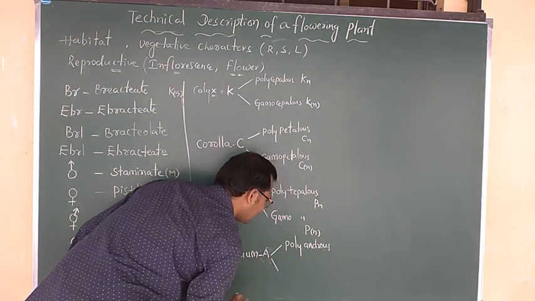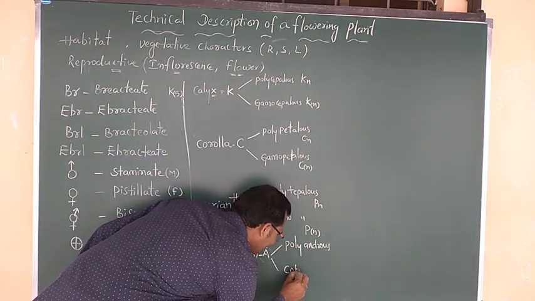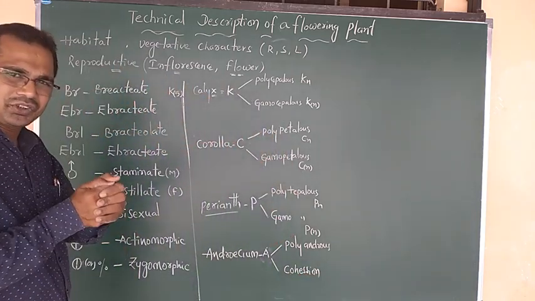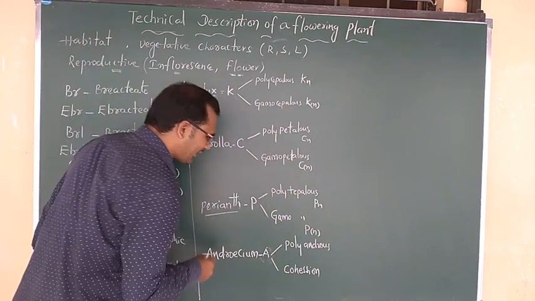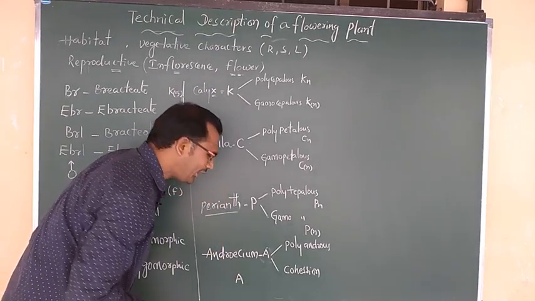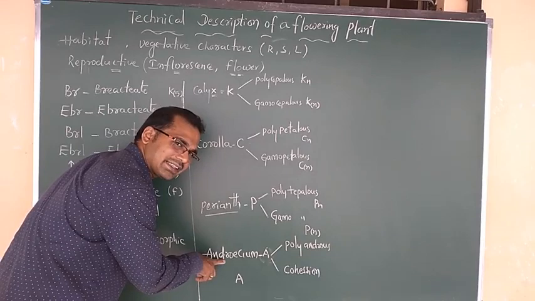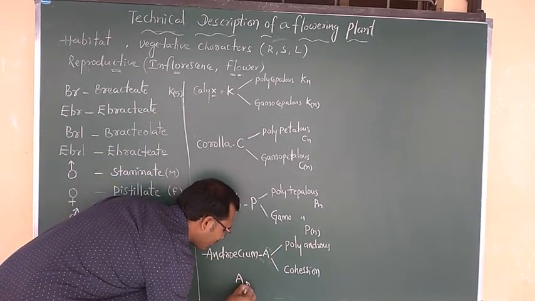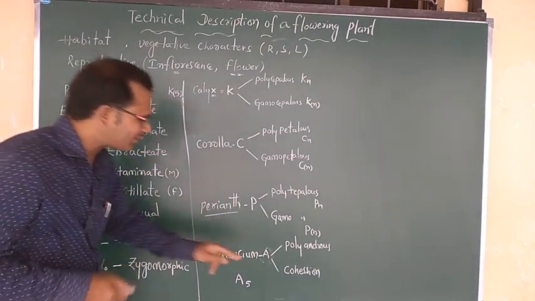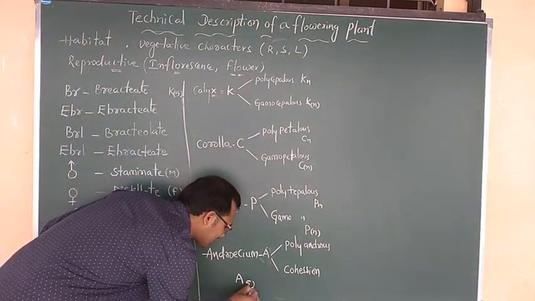Second one is called cohesive, adelphous. Cohesive means merged, united. If you take androecium, I keep the A symbol. Polyandrous means stamens 5. Androecium is composed of stamens. Stamens 5, A5, A-n. In case of 5 stamens, cohesion condition present. Cohesion means united condition present. What do you do? This is kept in the bracket.